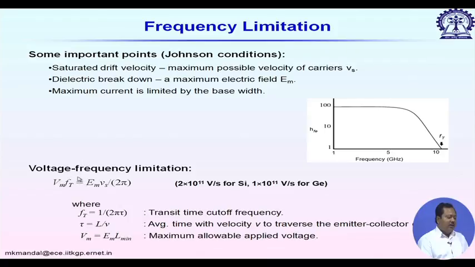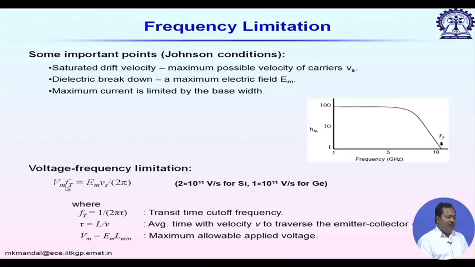The first one is the voltage frequency limitation. Here Vm is the maximum allowable applied voltage to the device. It is given by Em multiplied by L minimum, where L minimum is the distance between emitter and collector.